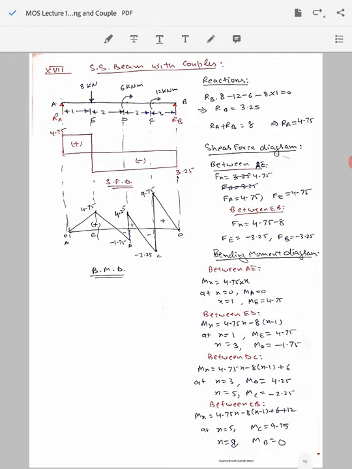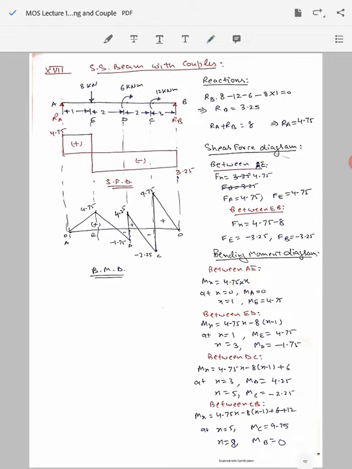Now when we draw the bending moment diagram, we start with the left hand side of the beam, so let's start with the span AE. So we have our bending moment equation. If you cut here, you have RA into X, that is 4.75 into X, our moment equation, which gives us the bending moment at points A and E as 0 and 4.75.